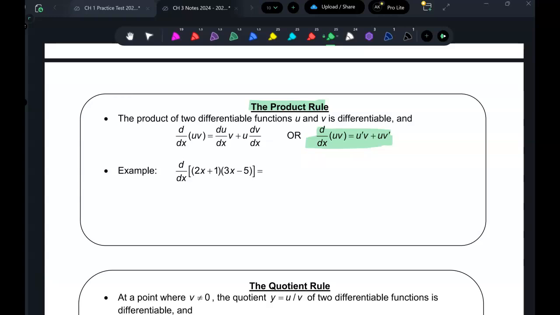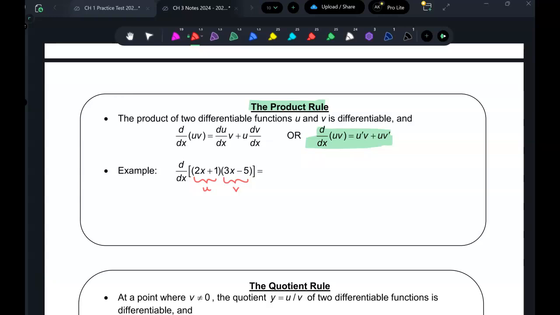What I have to do is take the derivative of the first part, keep the second part the same, and then keep the first part and multiply by the derivative of the second. So it's kind of like we just take turns. Normally I could FOIL this out and then just do the power rule. But for purposes of the product rule, I want to make this my U and this my V.